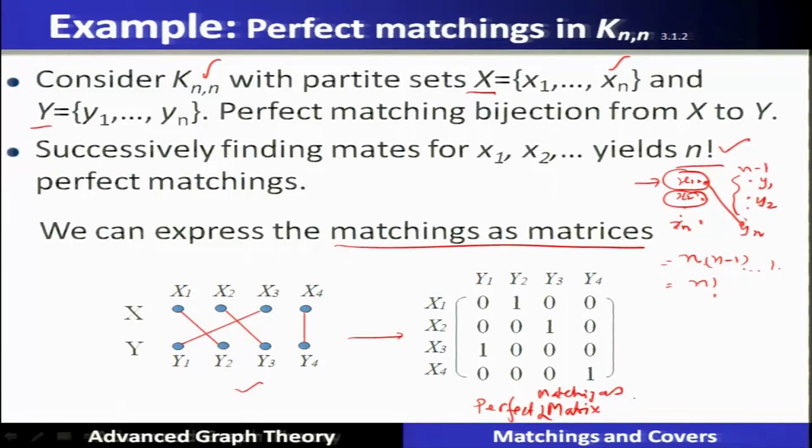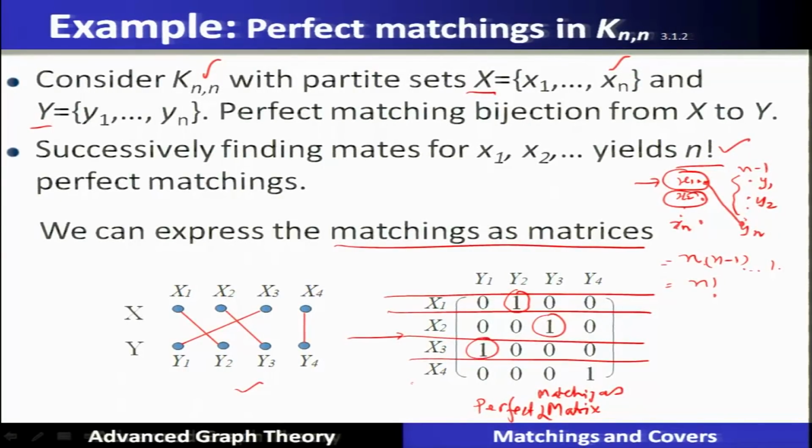In this particular matrix, if you inspect, you will find that every row has only one value of 1. Similarly, this row also has one value of 1, and this one and this one in the perfect matching scenario. Similarly, in the columns you will see every column has only one value of 1.